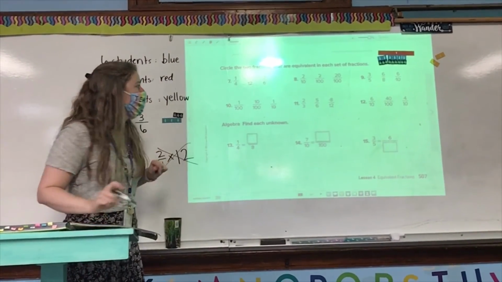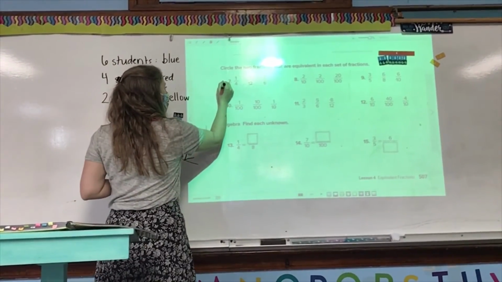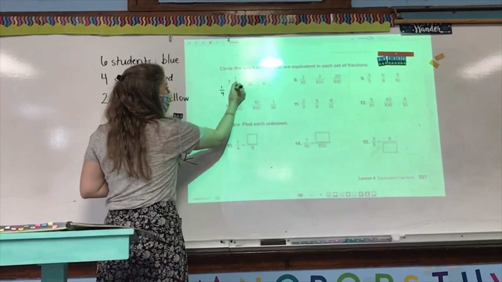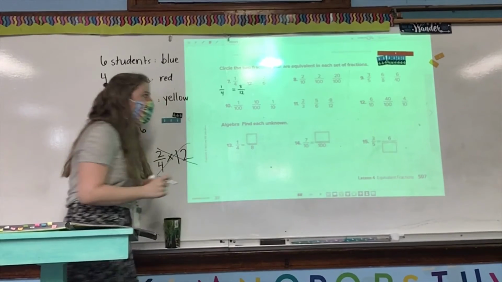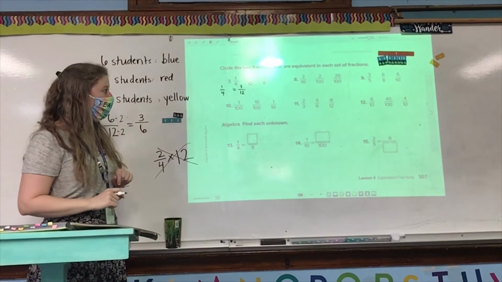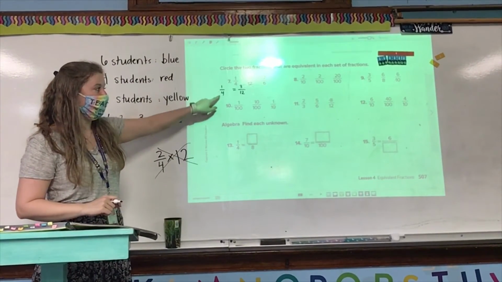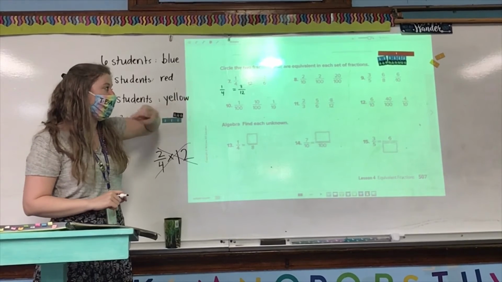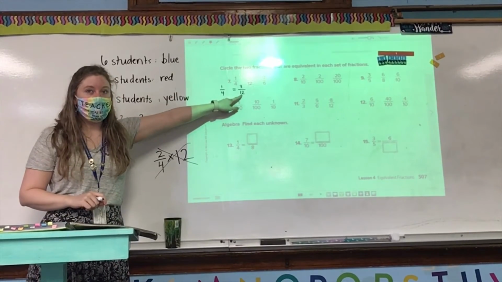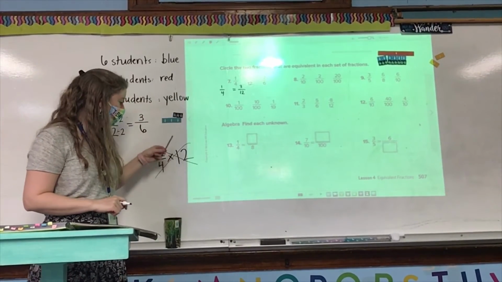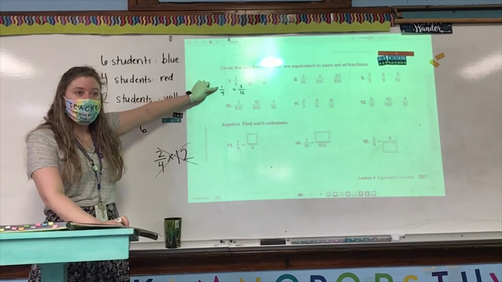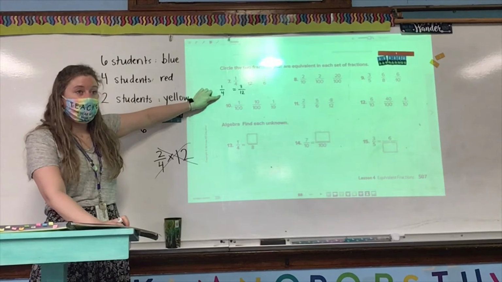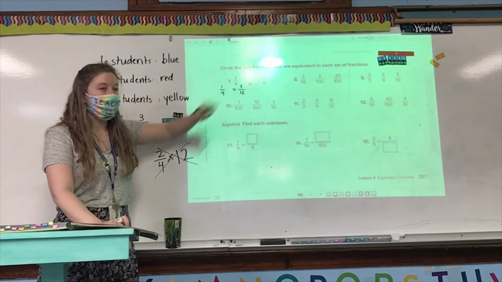No, let's start with the smallest. And we want to see, is it equal to 3/12? Can we multiply this numerator and the denominator each by the same number to get this fraction, 3/12? Carla, is there something we can multiply our numerator and our denominator each by to get 3/12?